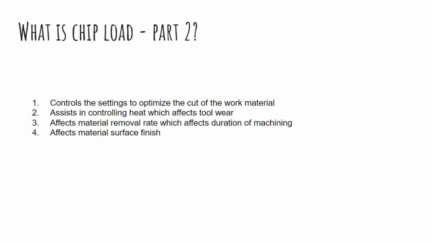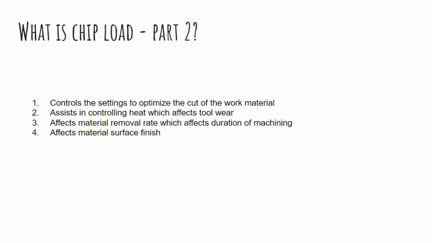This may seem a little bit backwards, to ask what is chip load as a calculation and then come to part two. But if I went through part two first, you'd forget everything from part one. So first of all, we talk about what is chip load, and then secondly, we talk about why do we care. Okay.